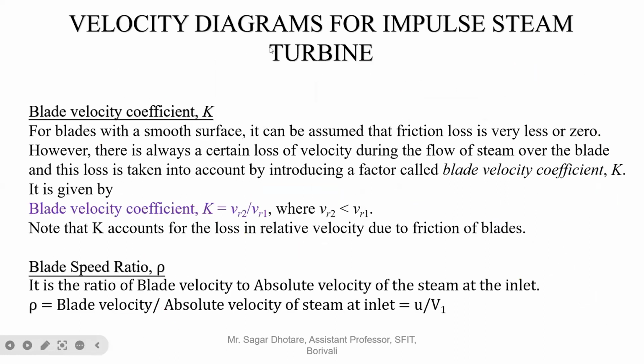Now, what is the blade velocity coefficient? For blades with a smooth surface, it can be assumed that there is no friction, or zero friction. But in actual practice, that is not possible, so there is a certain loss of velocity as the steam flows over the blades.